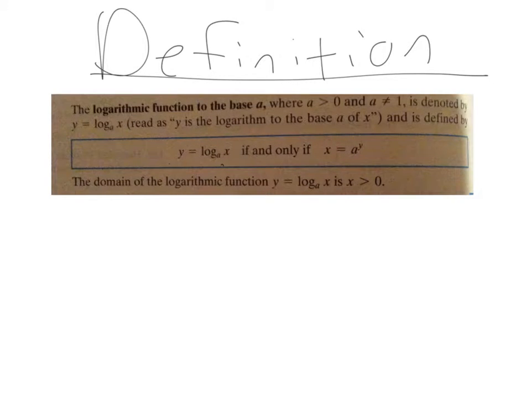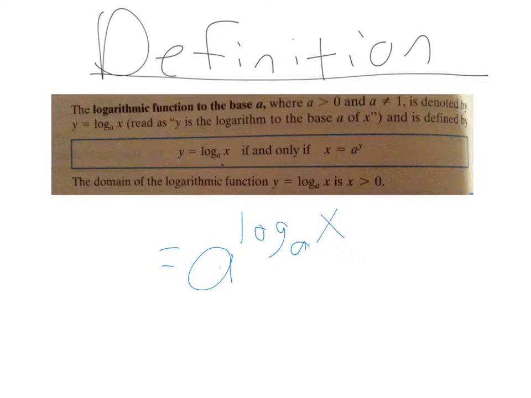Alright, now I want to point out why you can rewrite the logarithm as an exponent. Remember, exponential functions and logarithmic functions are inverses. So, on the right hand side, you have to rewrite it as an exponential, a raised to a power of log base a of x.